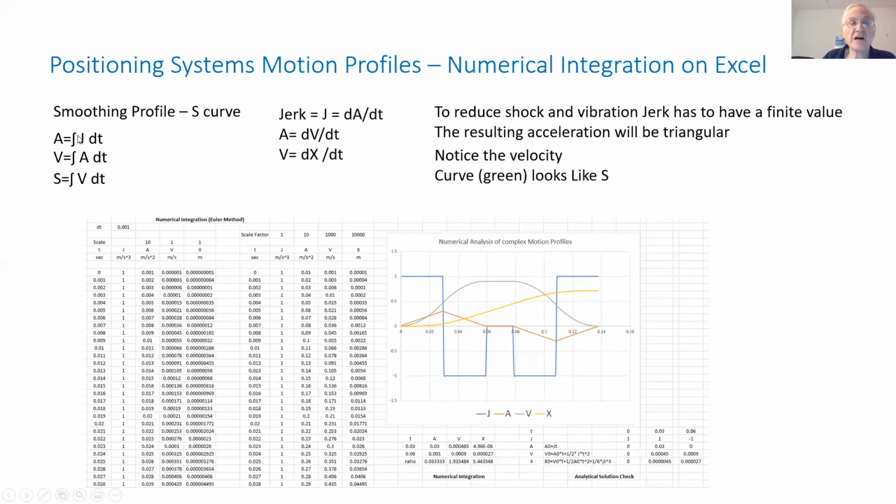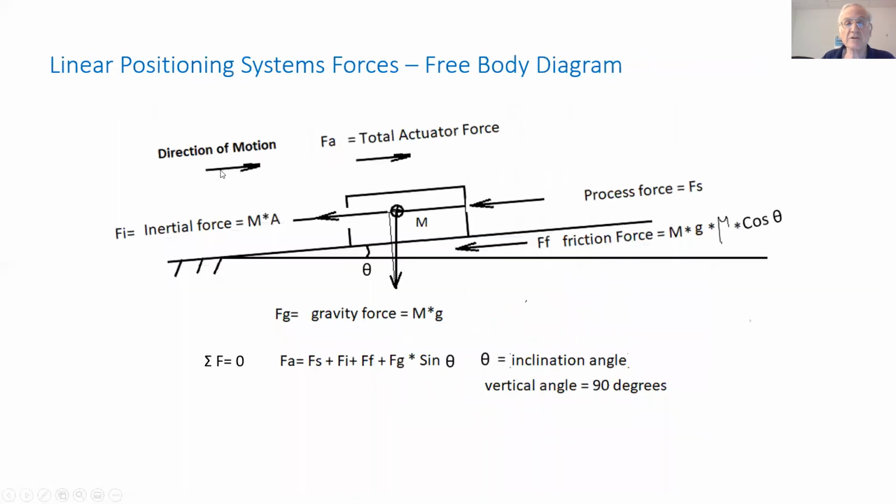So if we sum up all the jerks that we had at a certain given point on an Excel spreadsheet and multiply it by a very small increment of time, then we get the next corresponding acceleration. And we can do the same thing for velocity and displacement, and the results are very nice. It doesn't take very long to develop it. We may do some exercises later on in the lab assignments.